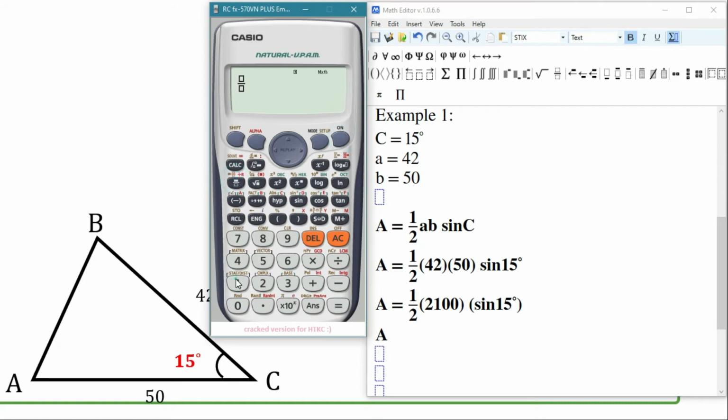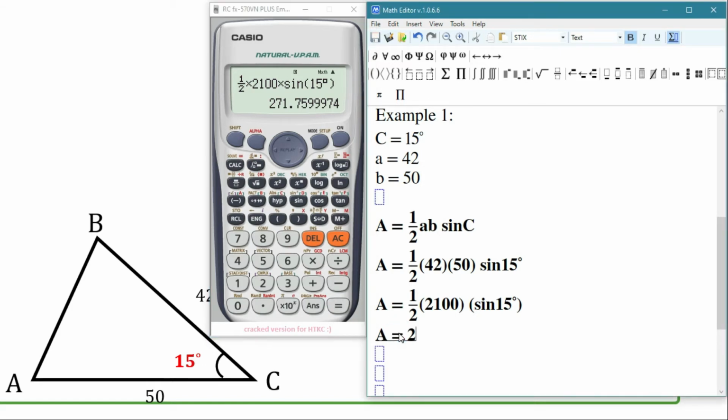That is 1/2 multiplied by 2,100 times the sine of 15 degrees. Alright. And the area would be equivalent to 271.76 units, square units. Okay?